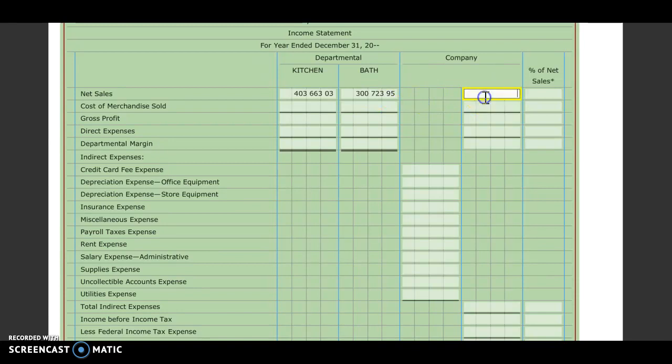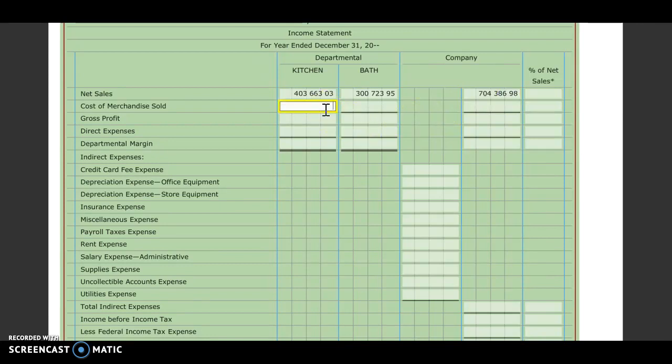Now, to figure out my company net sales, I'm simply going to add those two together. I should get 704,386.98. I'm going to wait to do my vertical analysis till the end.